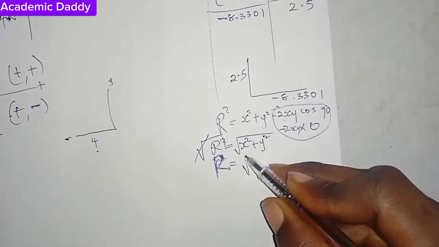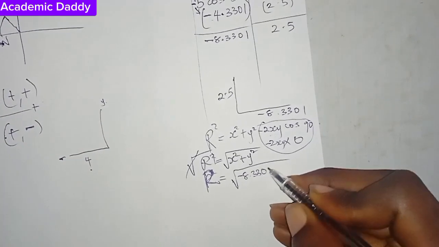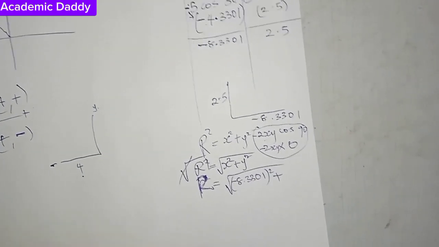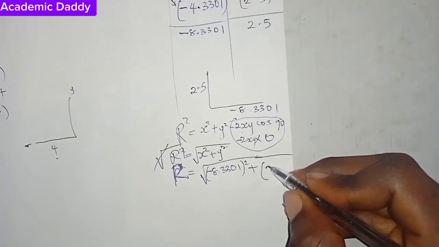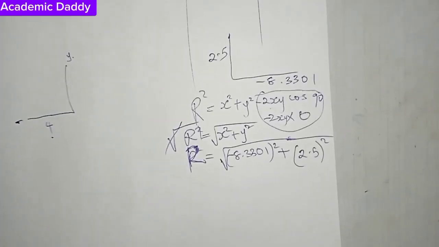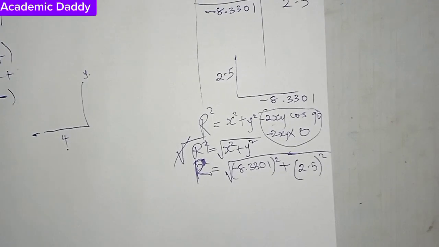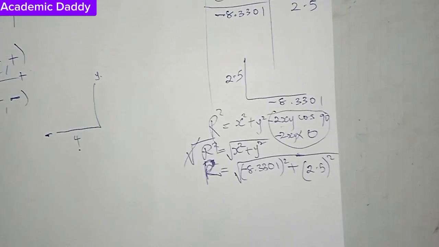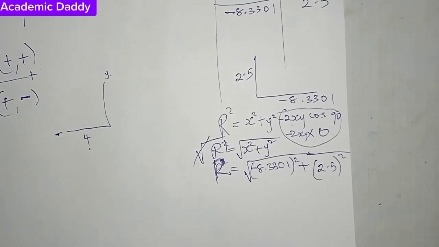will be equal to the square root of minus 8.3301 squared plus 2.5 squared. So this is going to be minus, square is going to be plus, so 8.3301 times 8.3301.